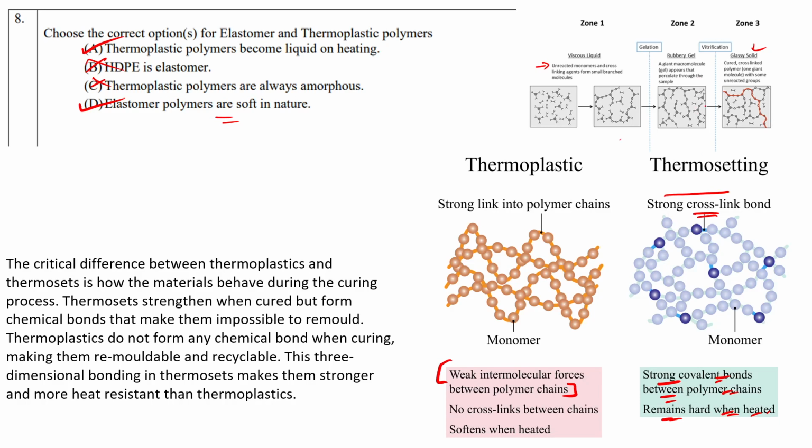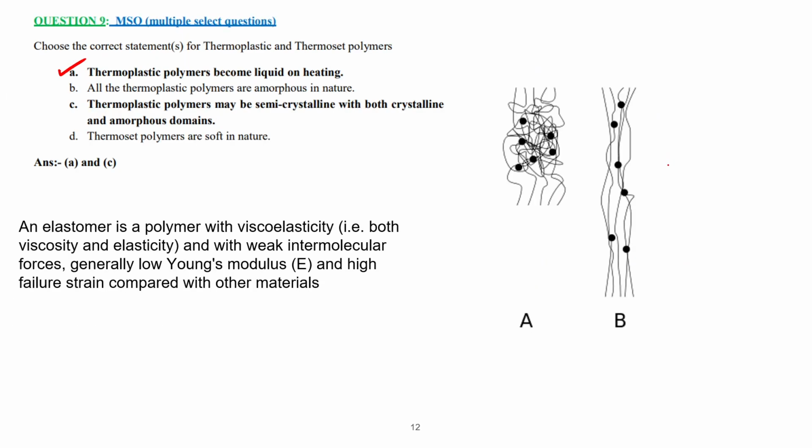That's why it is called the verification phase: if a thermoplastic polymer is heated, you can see liquid formation, and for a thermosetting polymer, you can see glassy solid formation in zone 3. So that's the way to verify or differentiate between these two polymers.